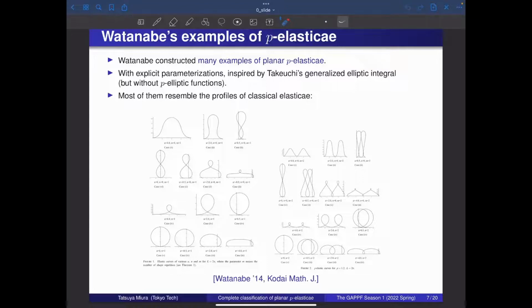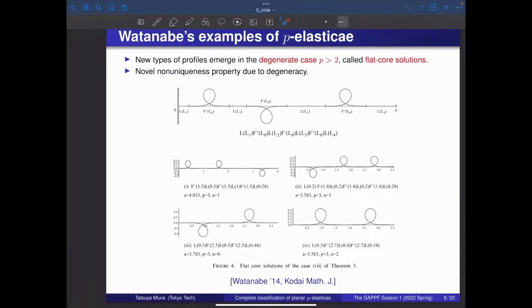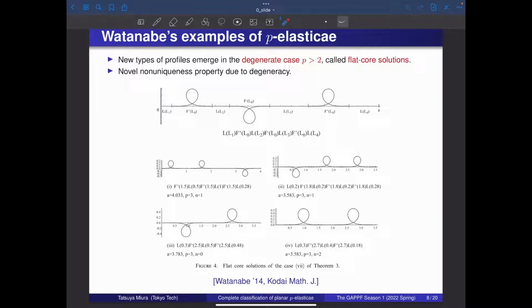Of course, these examples are already interesting, but he also obtained a quite interesting example which didn't appear in the classical case. More precisely, he obtained some new types of profiles in the degenerate case, namely in the case that p is greater than 2. These curves are called flat core solutions in Watanabe's paper.